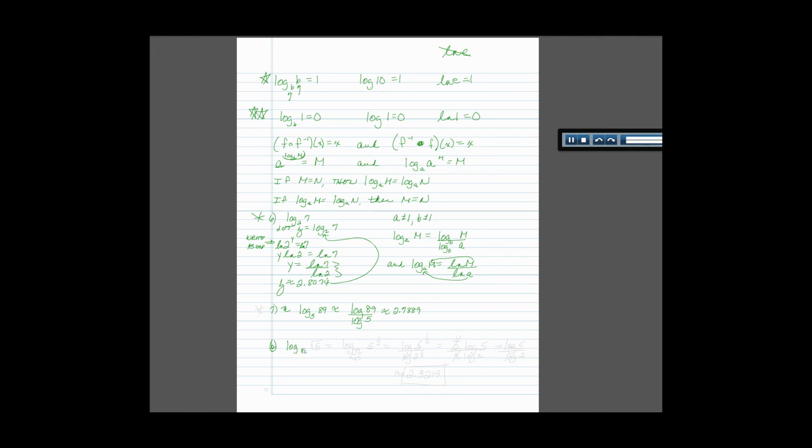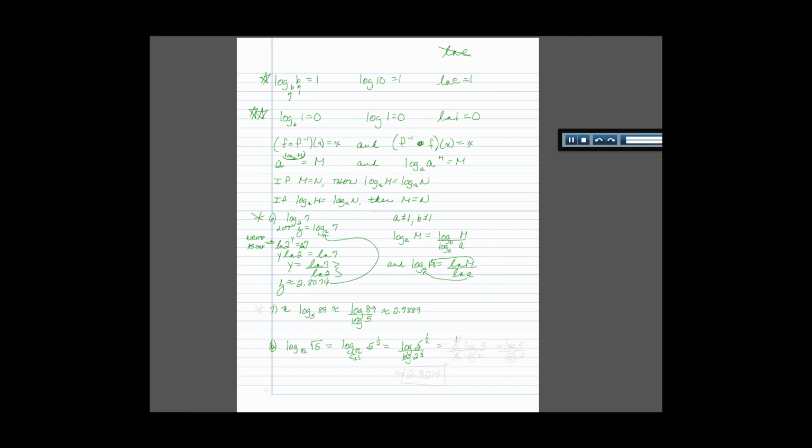Log base square root of 2 of radical 5, which means log base 2 to the 1/2 of 5 to the 1/2, should be, following this pattern, the log of 5 to the 1/2 over the log of 2 to the 1/2. This is 2 to the 1/2, remember.